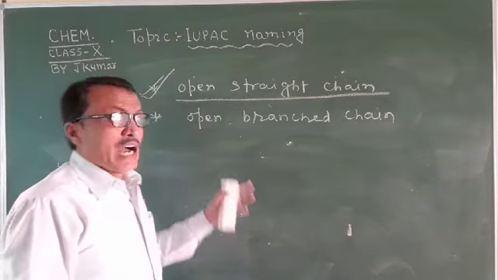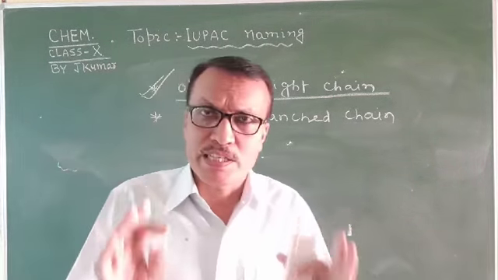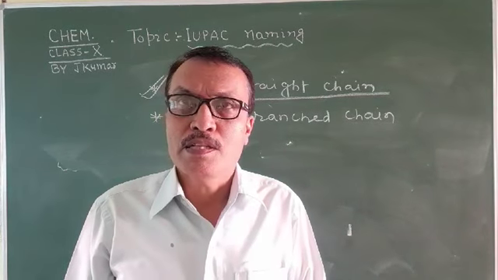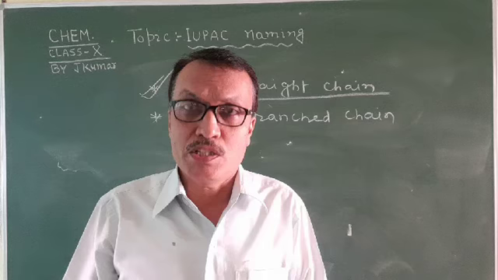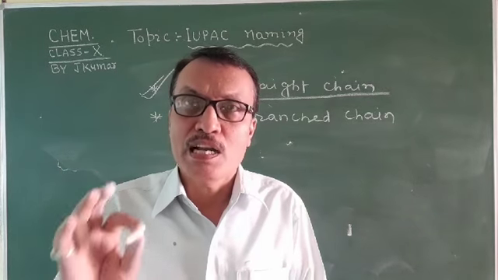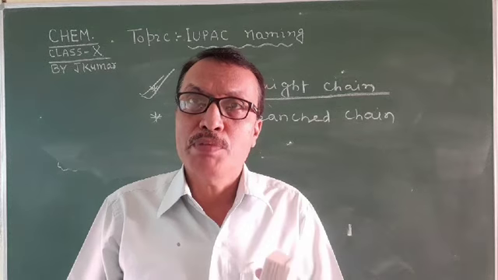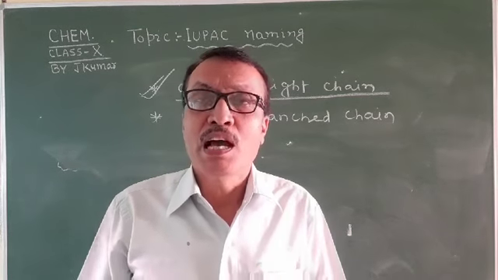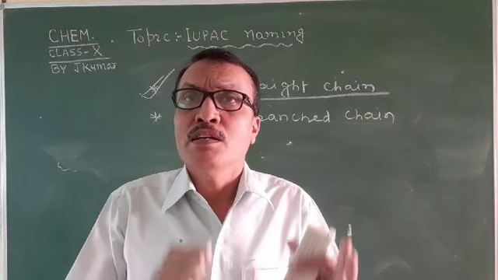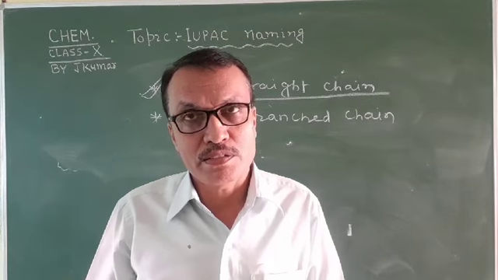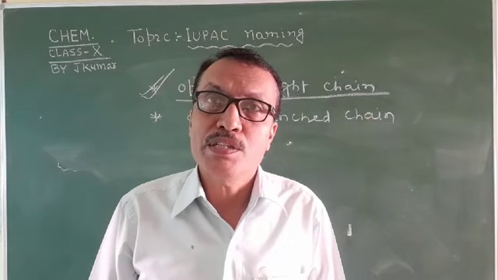Okay? And students, after getting the root word from the number of carbons, second, you have to choose one suitable suffix, and suffix will be chosen on the basis of bonds between carbon and carbon atoms. And in root word you have to add the suffix, and then you will get the IUPAC name.